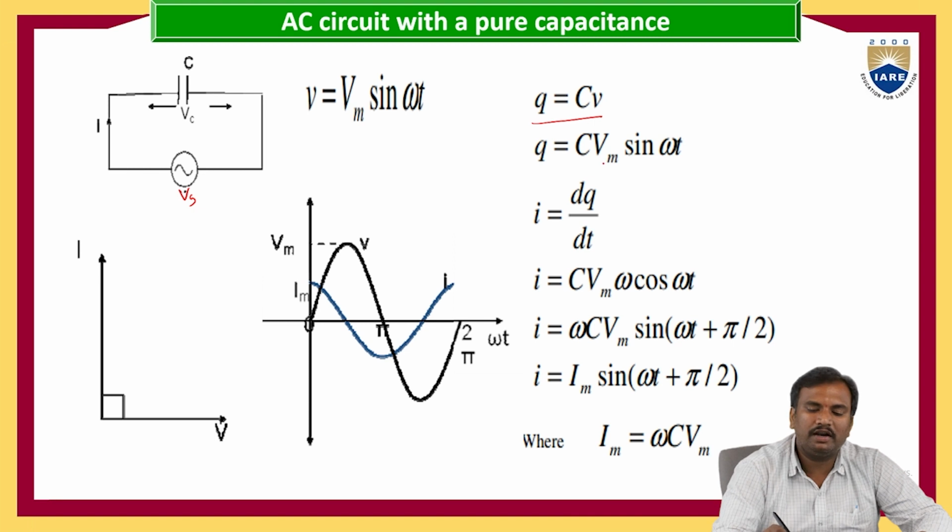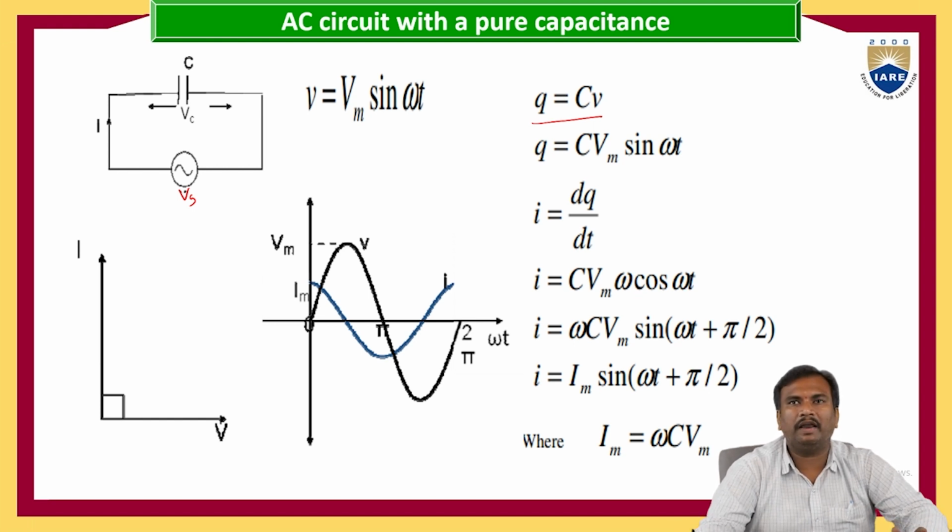If we differentiate this equation with respect to t, we get I equals C into Vm times the differentiation of sine omega t with respect to t. So we get omega into cos omega t.